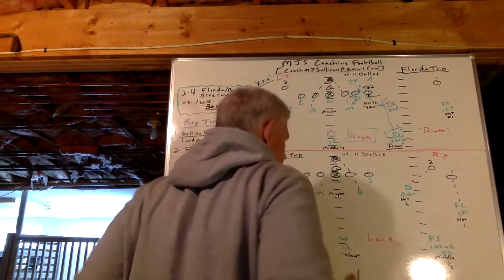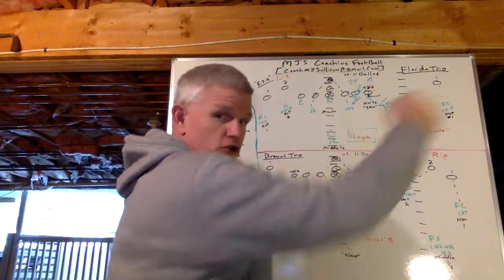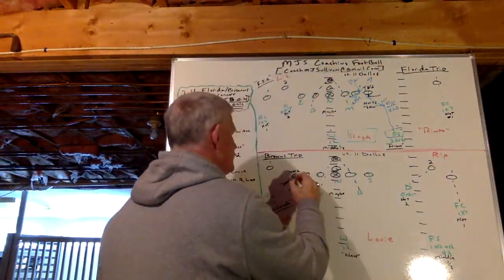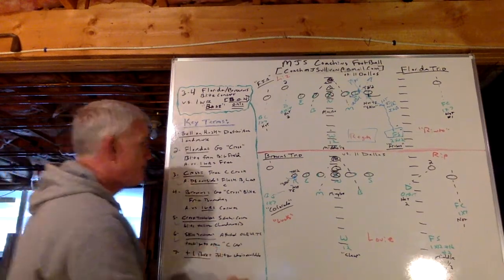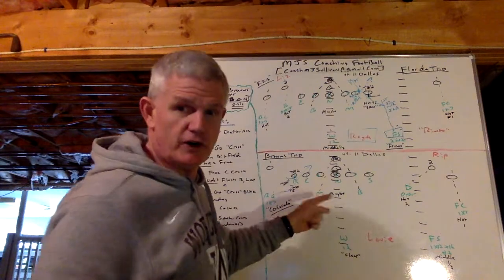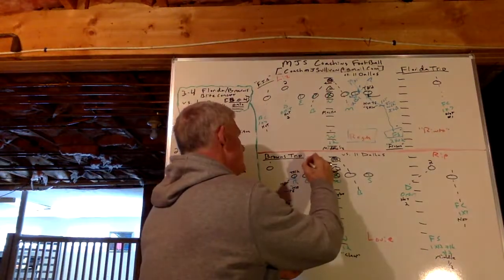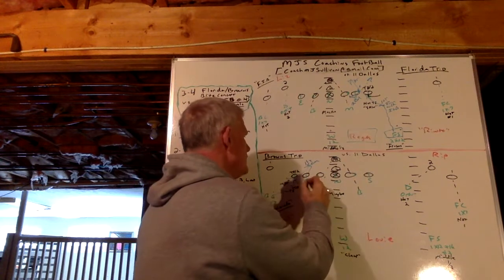And then again, I'll use the blue this time. On the snap, he's shooting, grabbing, and turning. Shoot, grab, and turn, right? Open the C gap. And now he is buzzing hard first, right? C first, C crash. Right off the butt of the tackle.